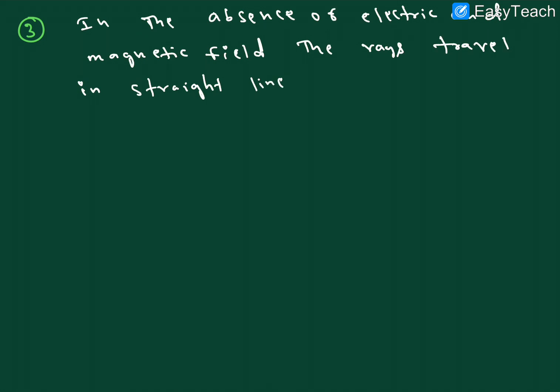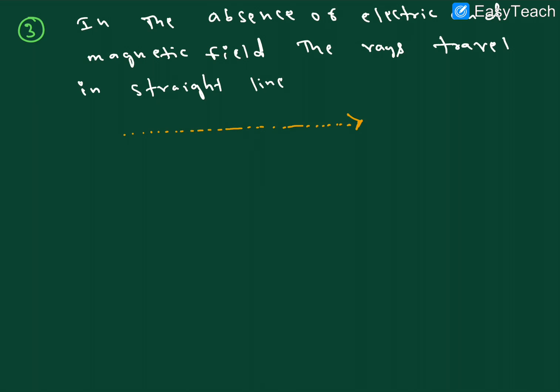So without a magnetic or electric field, the cathode rays travel straight. This is one of the properties.